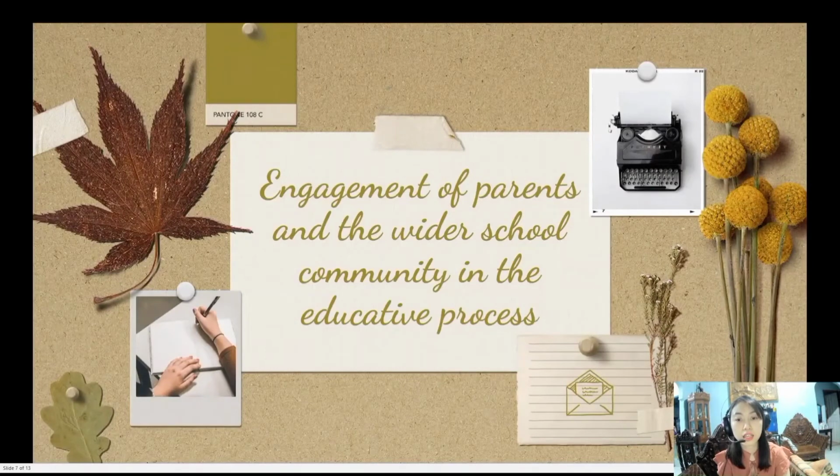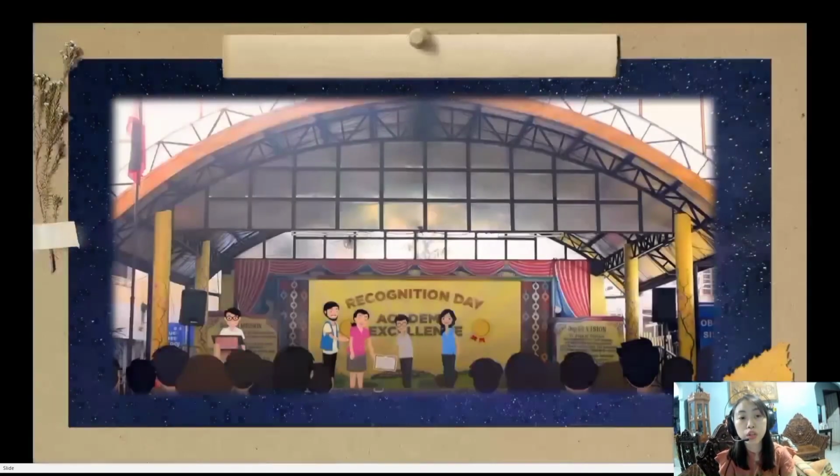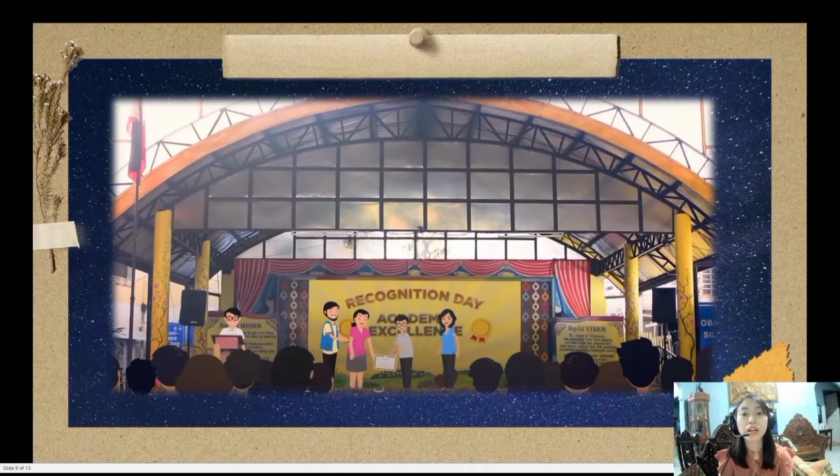Next is engagement of parents and the wider school community in the educative process. So again, the parents and the stakeholders, like the barangays, the city officers in the city hall, even the health workers, the frontliners like the doctors, nurses, they should also be connected and in partnership with the teachers.